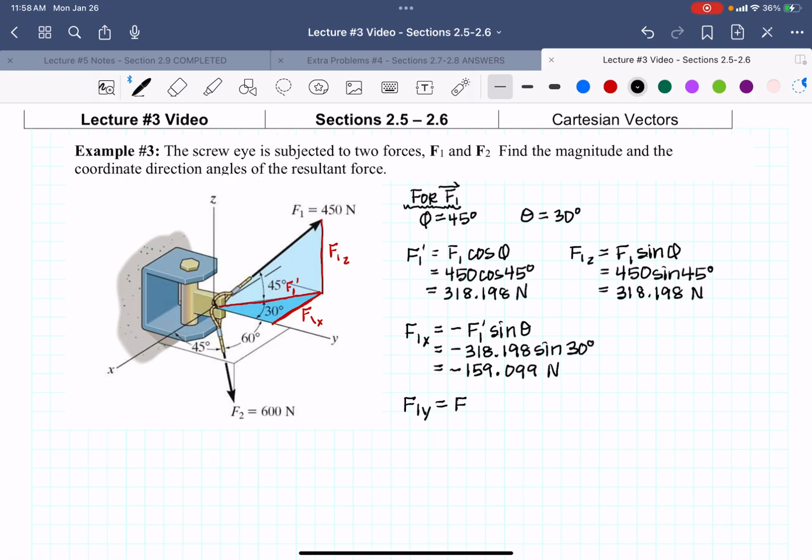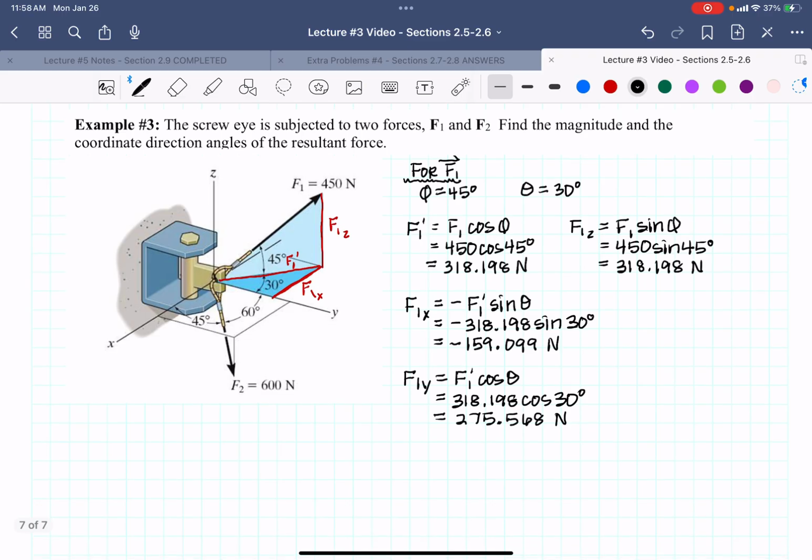So it is going to be F1 prime times the cosine of theta, which equals 318.198 times the cosine of 30 degrees, which is going to give us 275.568 newtons.